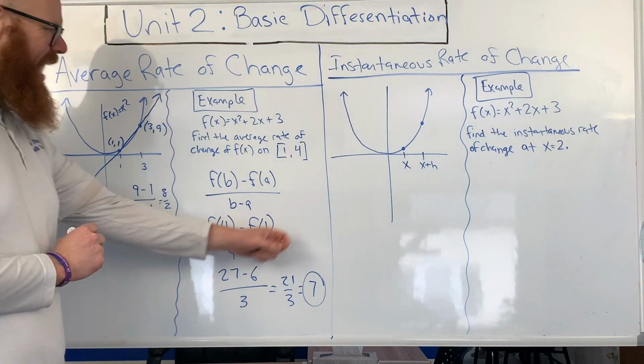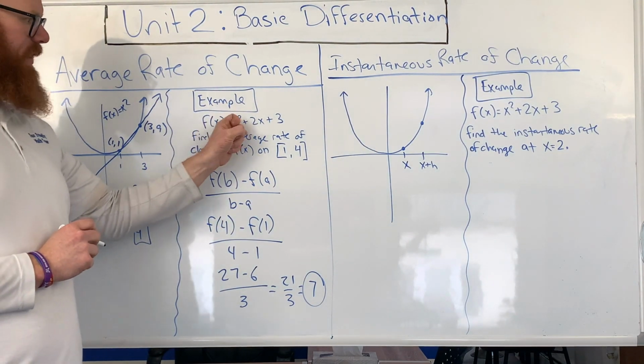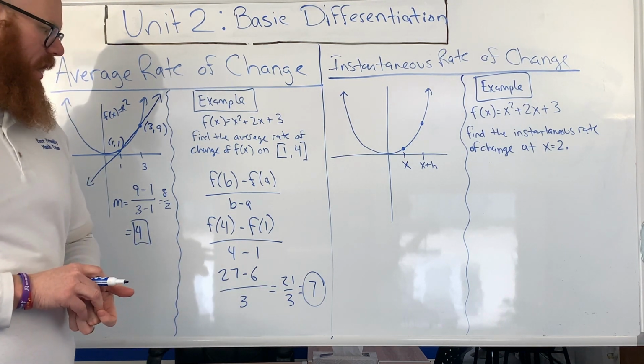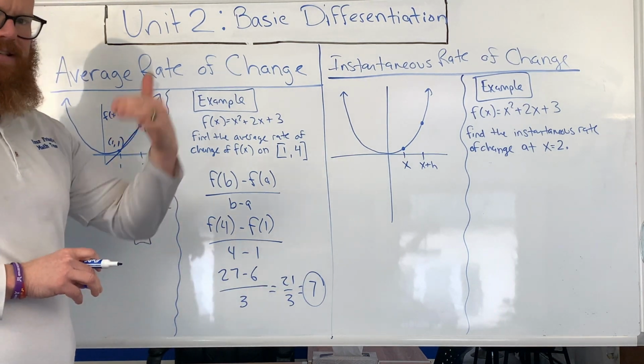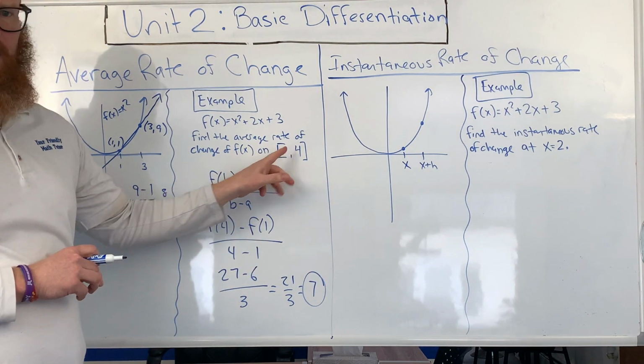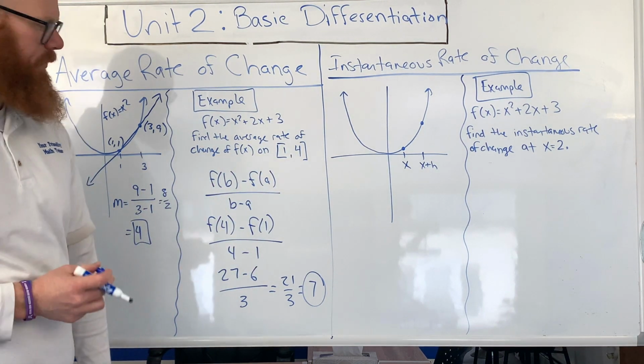All right, so the average rate of change of this function on this interval is 7. It's increasing kind of 7 units at a time is how we can look at that. Or if this were time, it'd be 7 units per second.